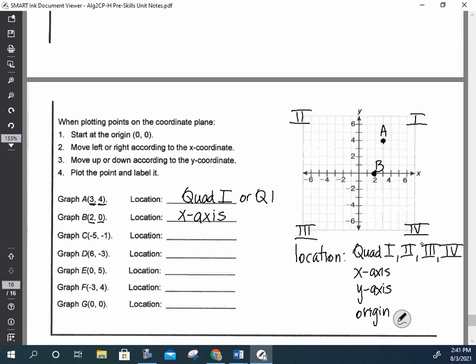Point C, (-5, -1). Start at your origin. -5 means go left 1, 2, 3, 4, 5, and then down 1. So there's point C, and your quadrant is quadrant number 3.